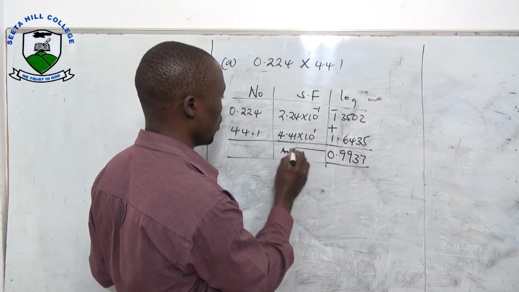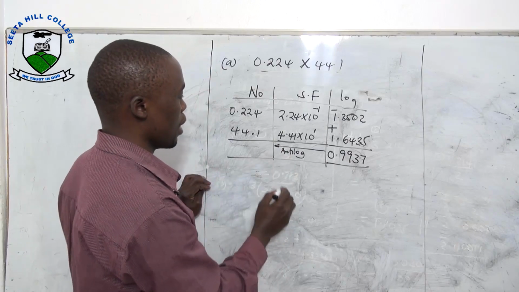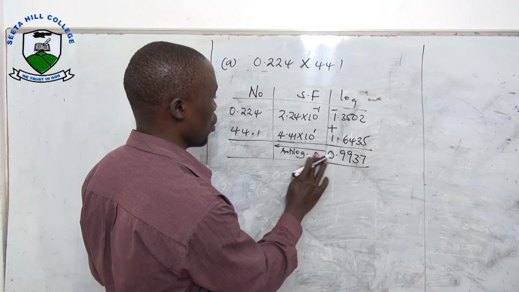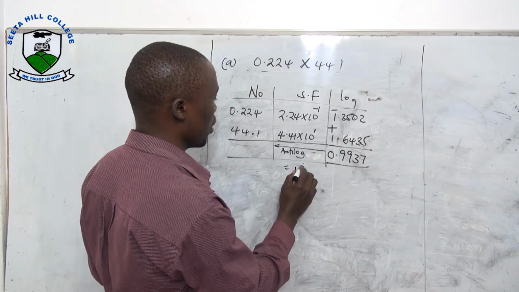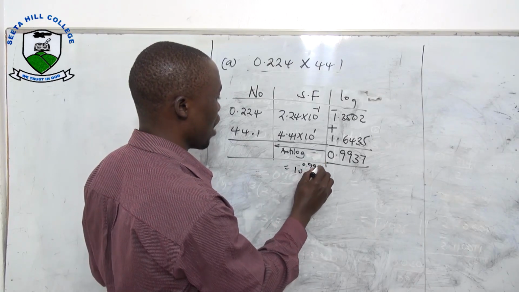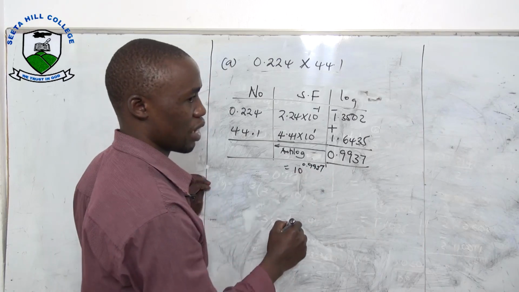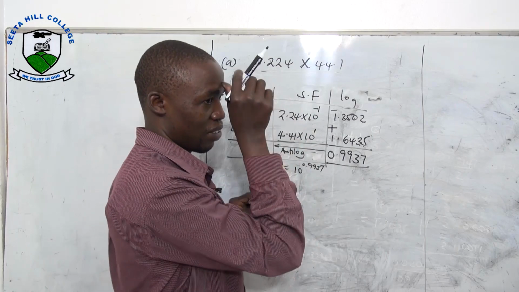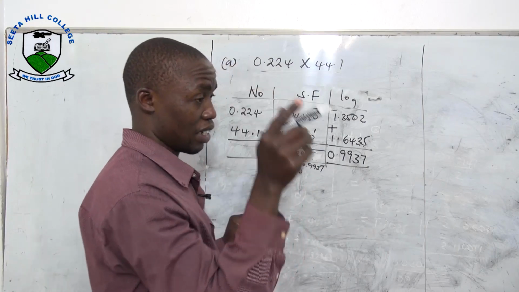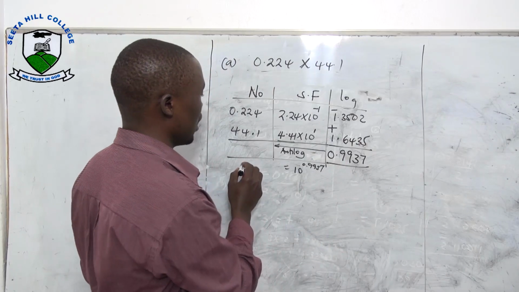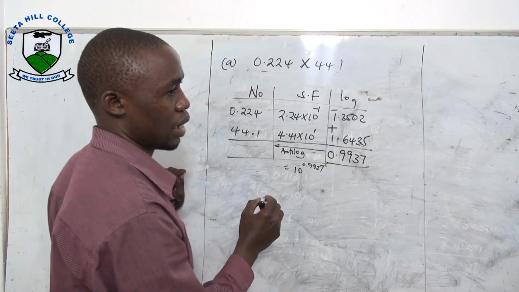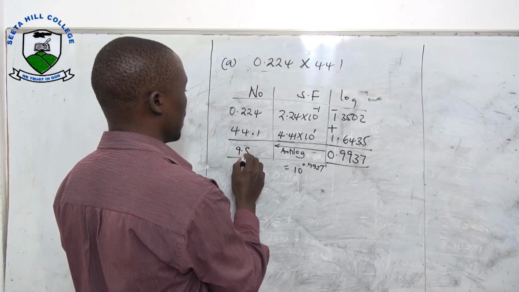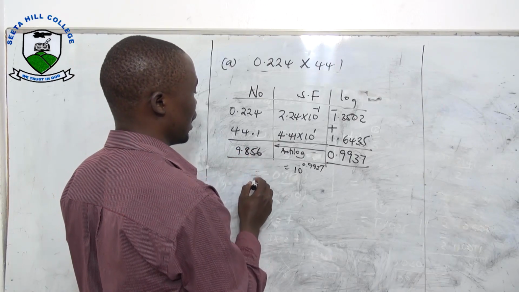Antilog. That means we are turning it to the number, and this simply means 10 to power the value, not so? But since it does not have the characteristic side or the integer part, we just put it on the calculator. You can say antilog or direct there. 9.856 to 3DP. 9.856 exactly.